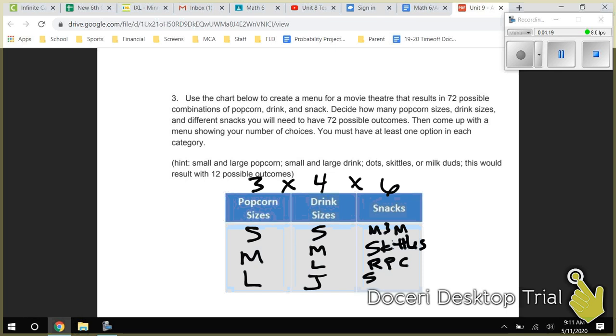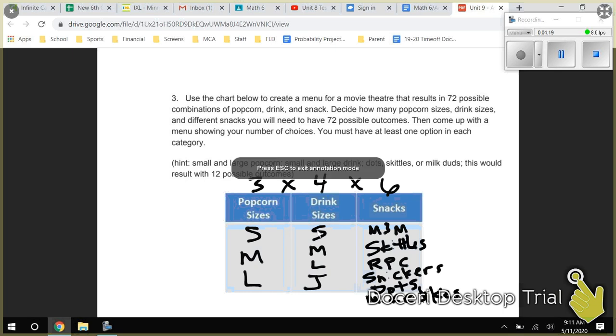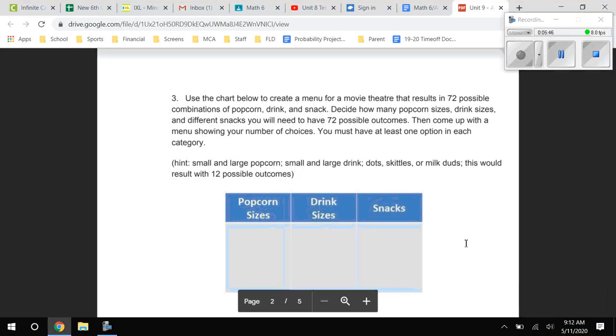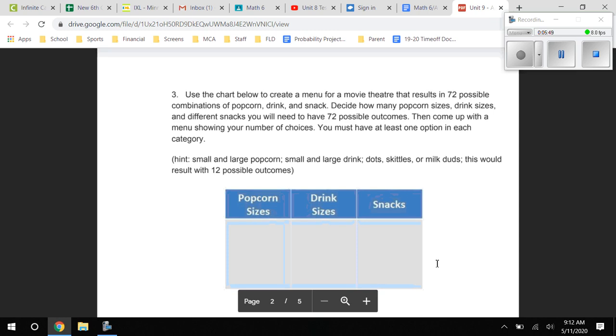Let's say we have Snickers, Dots, and how about we do Mike and Ike's? That's kind of a movie favorite. All right, so 1, 2, 3, 4, 5, 6. Okay, so there we have three popcorns, 4 drinks, 6 different snacks, and that would equal 72 when we multiply them all together using the fundamental counting principle.